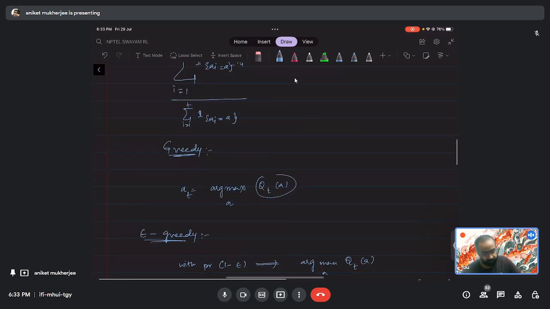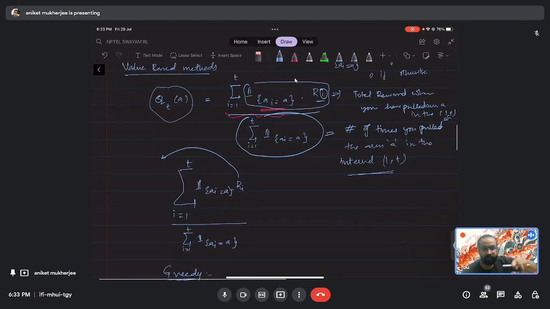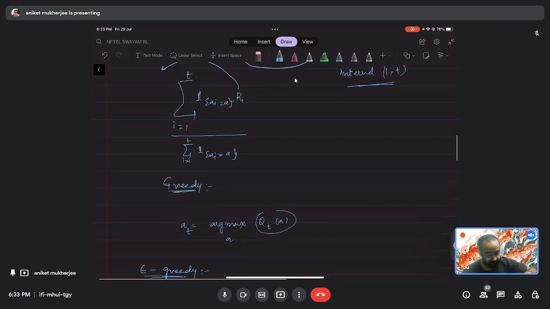Since here you have seen that you're calculating the sample average of the rewards for each and every arm till time t.